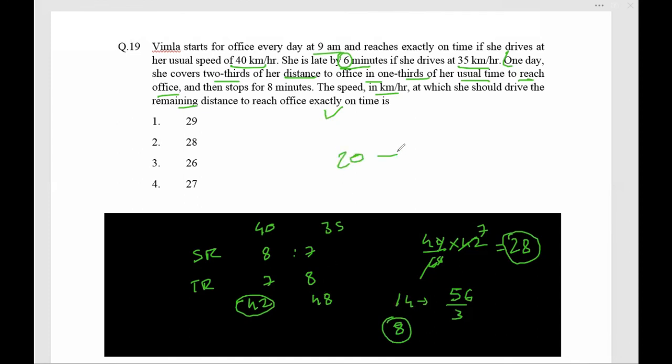In this 20 minutes, how much distance does she have to cover? 28/3 has to be covered in 20 minutes. So in 60 minutes, it will be 28/3 into 3. So effective speed is 28. So now she has to travel at 28 kilometers per hour. Option 2.